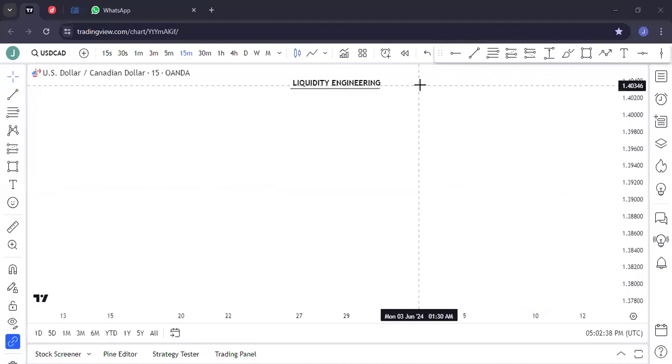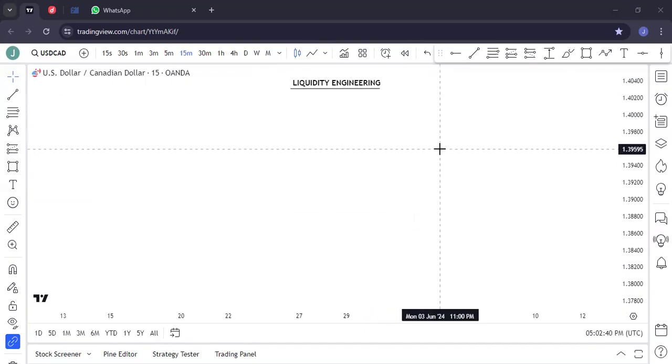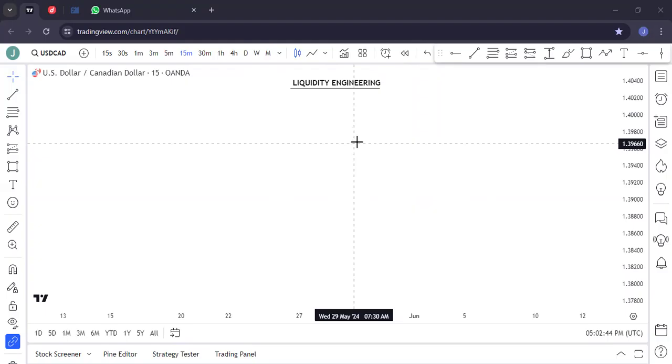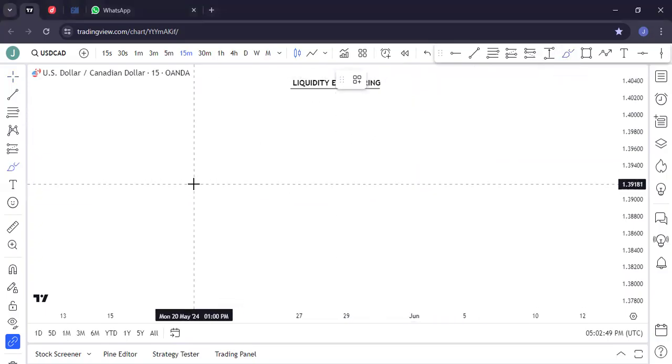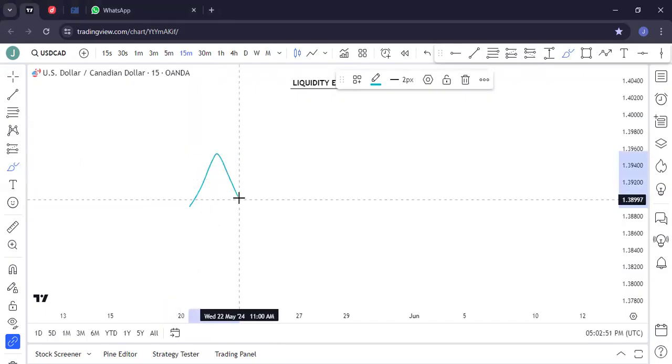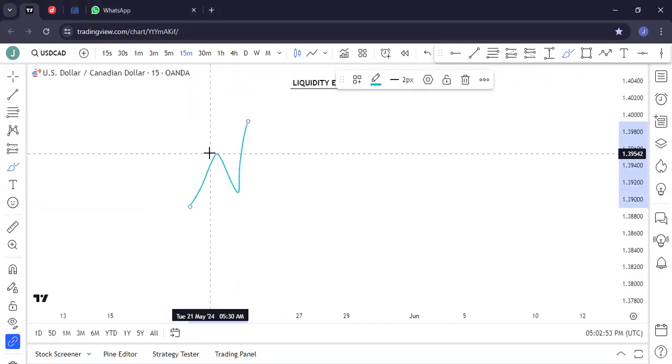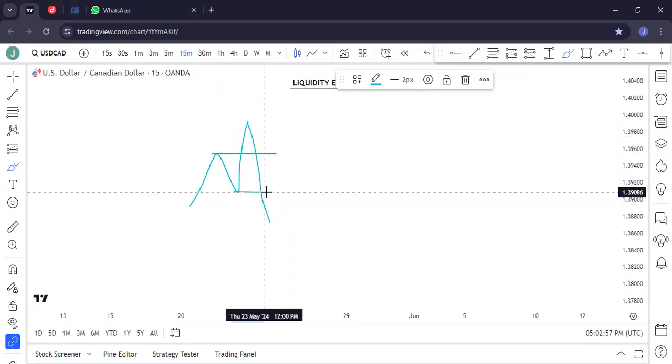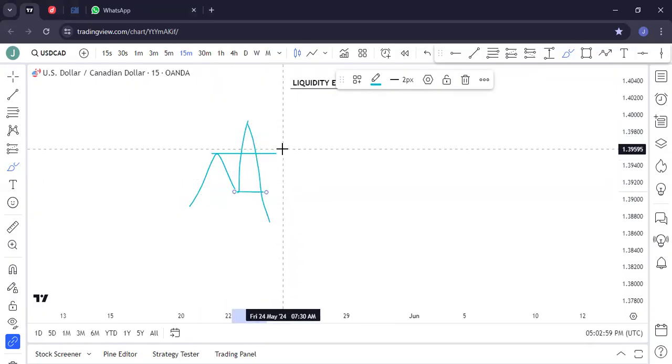So we are going to learn about liquidity engineering today. Now, liquidity engineering is simply when the market performs an action of breaking the structure and changing the character at the same time.